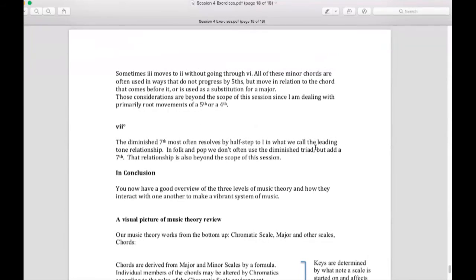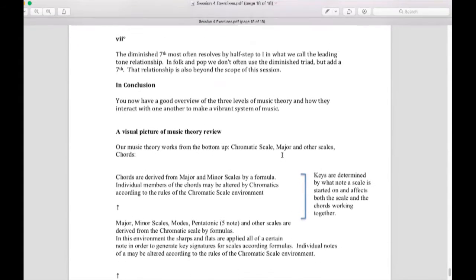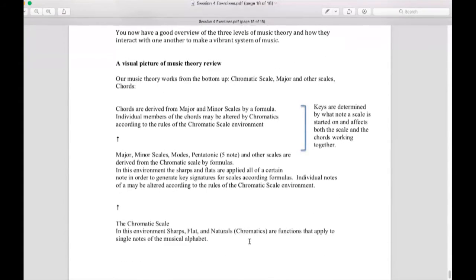So what we talked about today was 1, 4, and 5, the various levels, and then how those various levels were controlled by the other chords. And over the course of the class, what we talked about were these 3 levels of music theory: the chromatic scale in that environment, and how the sharps, flats, and naturals affected, or functions that affected single notes, major, minor scales, modes, how those were derived, and how the sharps and flats are used to generate key signatures, and they don't change.